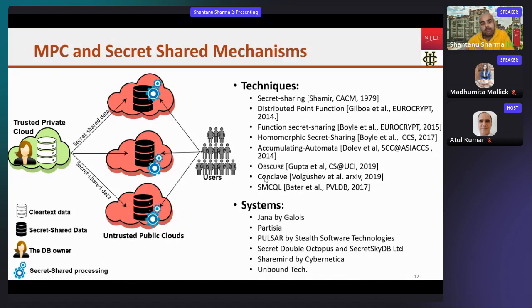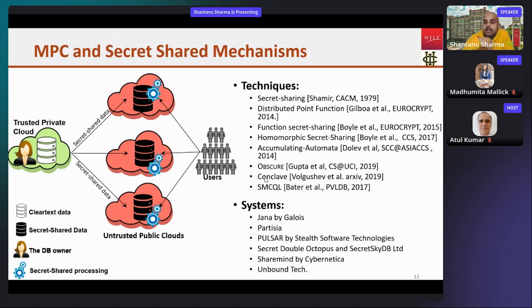It is assumed that if these clouds do not collude with each other, then secret sharing based techniques provide the highest level of security of the data. This means in this category our techniques can be secure against quantum computers. Quantum computers cannot break the data if it is in secret share format, under the assumption that the clouds will not collude with each other.